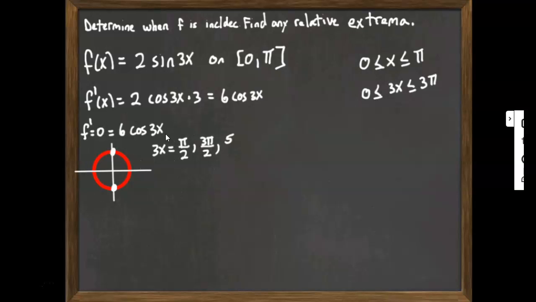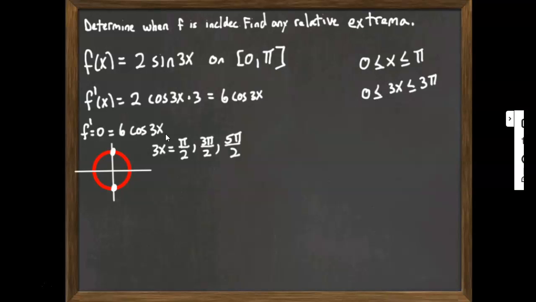And then that would give us our third one, which is 5 pi over 2, or 2.5 pi. 2.5 pi is smaller than 3 pi. The next one would be 7 pi over 2, which is more than 3 pi, so it's not going to count.